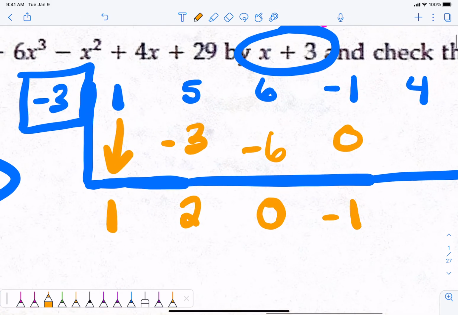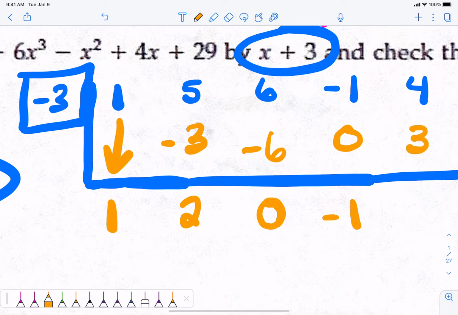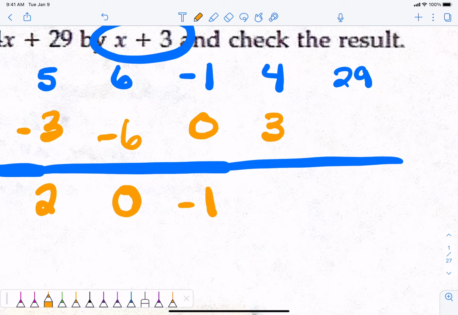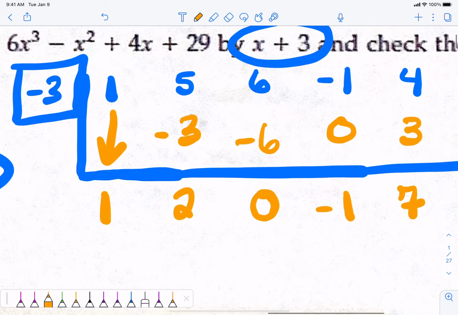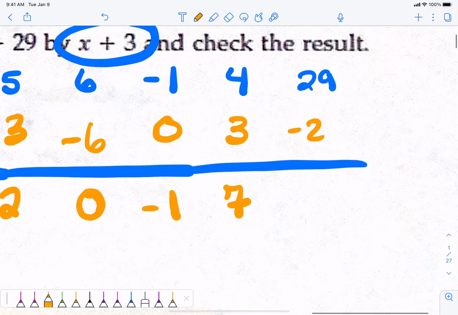Now I multiply again. What's -3 times -1? It's +3. 4 and 3 makes 7. Then I multiply again. -3 times 7 is -21. Then I add those, and that is 8.